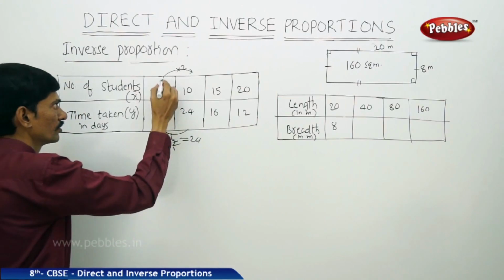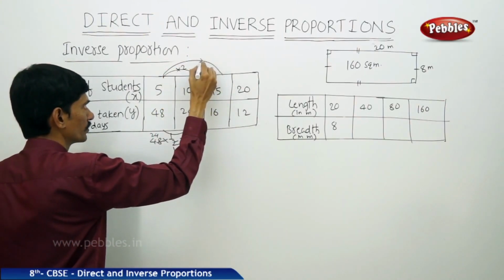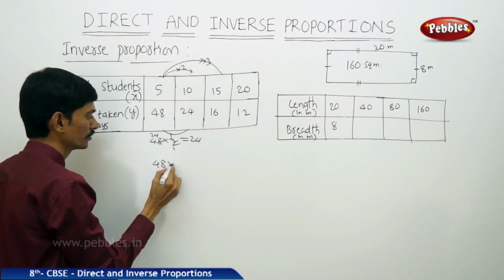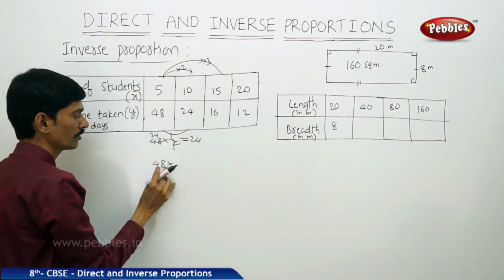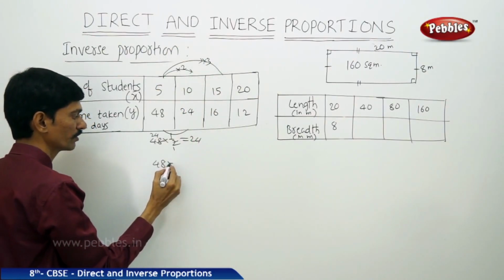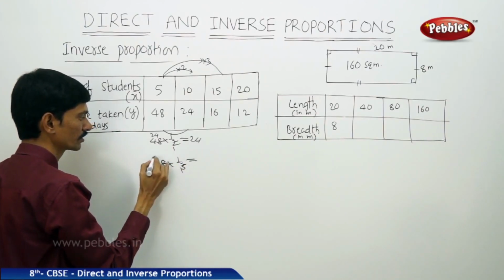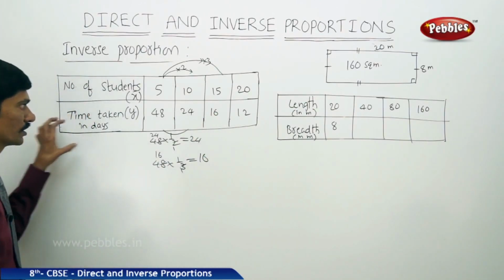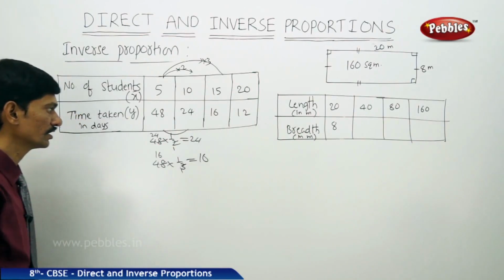Now here 15 is obtained by multiplying 5 by 3. Then 48 into 1/3. When you multiply here by 3, you should multiply by 1/3 here. So 48 into 1/3 equals 16, since 3 ones are 3, 16s are 48. So 15 students can complete the work in 16 days.